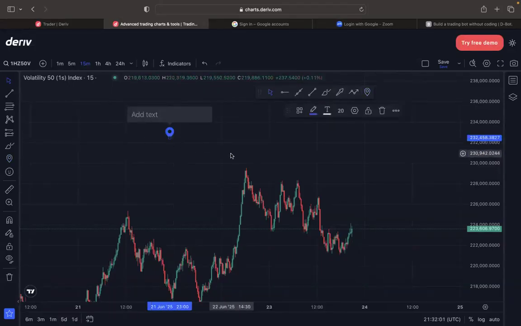All right, we need to understand market structure. Under market structure, these are the things we need to understand. We need to understand what break of structure is, what change of character is.